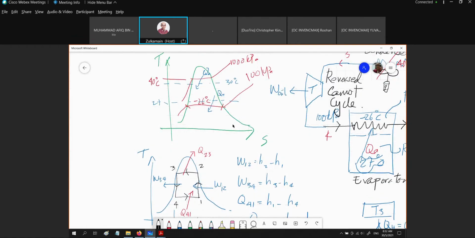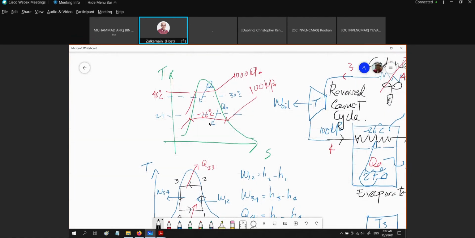Just now, we have the temperatures of minus 26 and also 40.